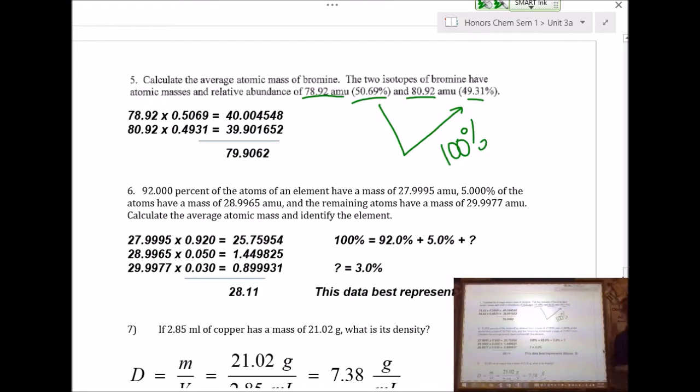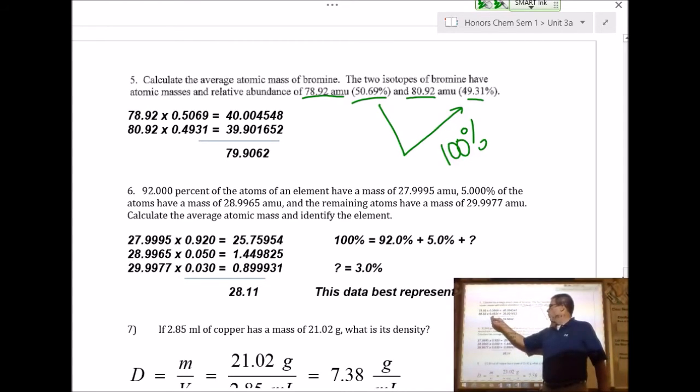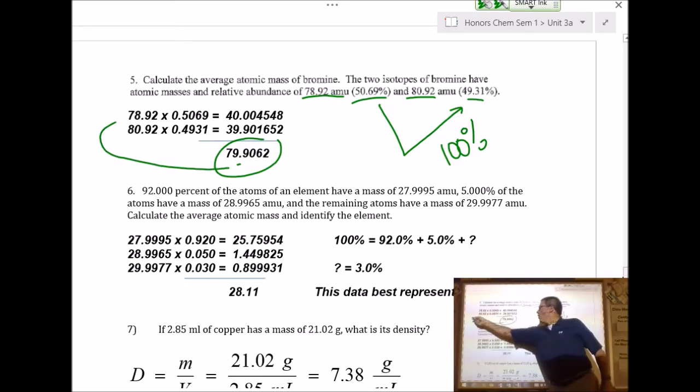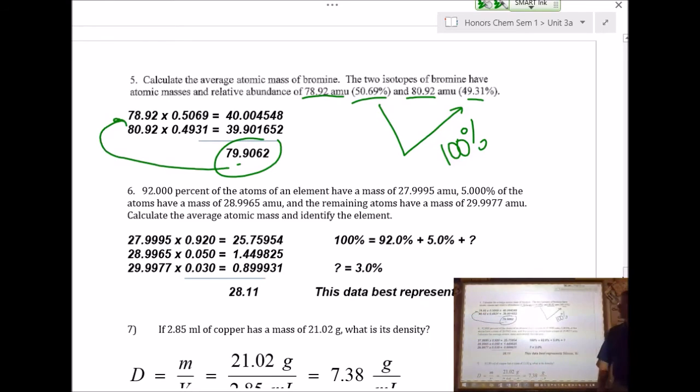It's kind of hard to work with something that's not 100%. That's a segue into 6. But make sure that your percents actually add up to 100. If you're given all the percents, just double check, eyeball it and say, if I take 50 and 49, oh yeah, that's 100. And then again, your answer should fall between those 2, and it does so nicely.